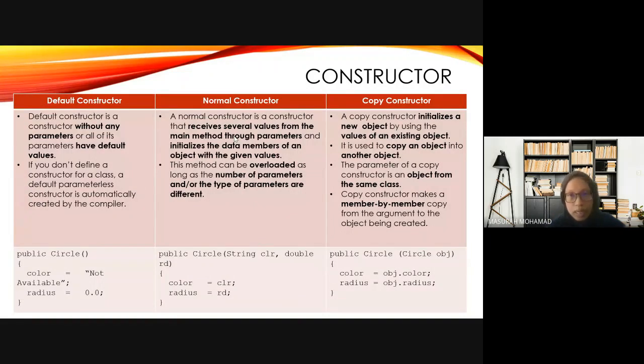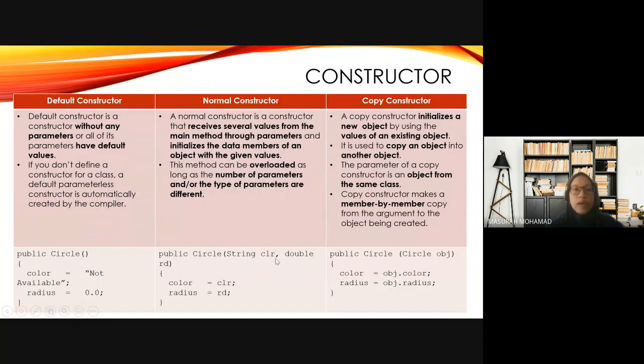So how to declare the normal constructor ni? Okay, so kalau you tengok kat sini, beza dengan default, default tak ada parameter. Sebab apa? We as a programmer will define itself the value of each attributes tu. Tapi kalau case normal constructor ni, we need to declare the parameter that we want to receive.